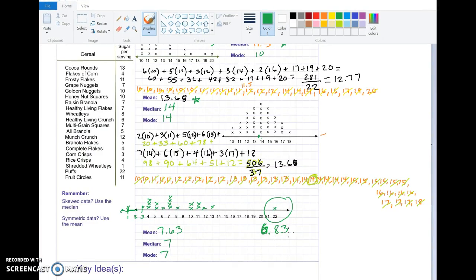So it's important to think about which is the better choice. So in this situation, 7 is really a better measure of the middle of our data instead of 7.63, okay? Because 7.63 kind of is closer to 8. It's still pretty close to 7.